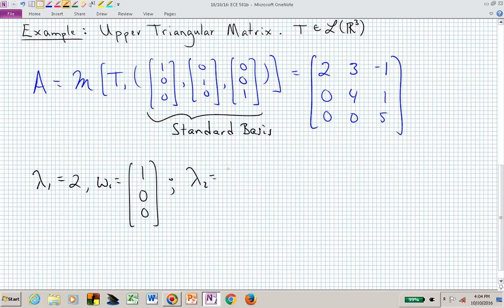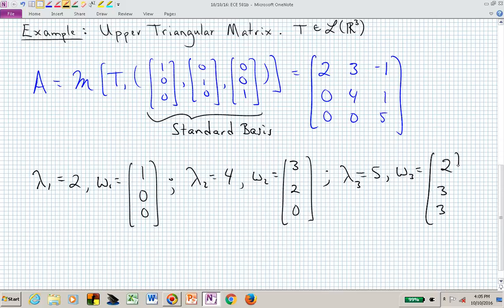The second eigenvalue is 4, and its eigenvector W2 is proportional to the vector 3, 2, 0. And the last eigenvalue is 5, and its eigenvector is proportional to 2, 3, 3.